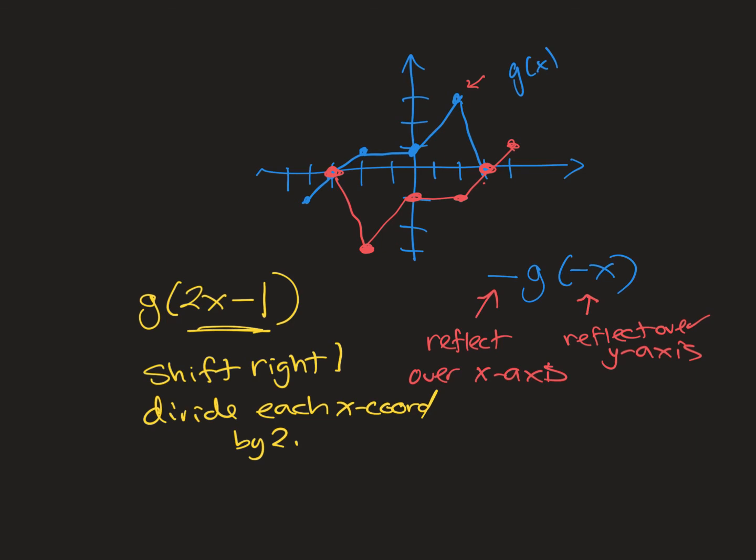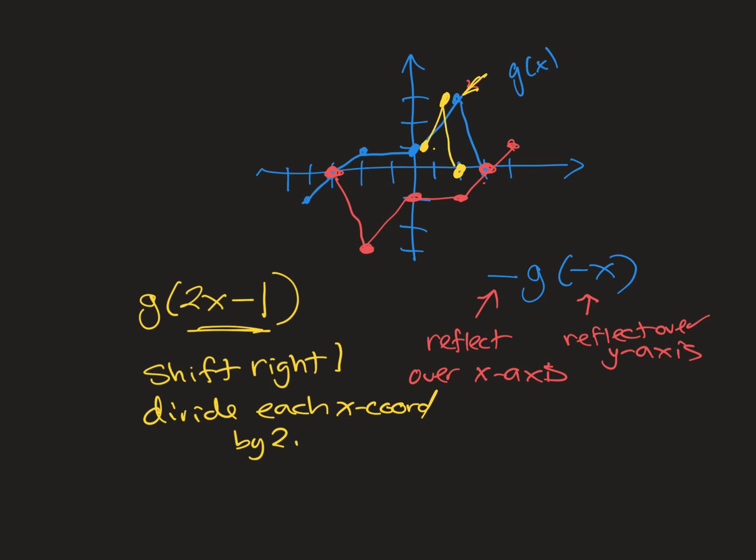So let's just do a couple points here. If I take this rightmost point of the original graph, so we're looking at the blue graph, move it right 1, I'd be at 4, 0, and then half it, I'm at 2, 0. If I put the point, this next point here, I'd move it right 1, which is at 3, 3. Well, half of that would be 1.5, 3, so it would be over here. And then 1 would now be a half, 1.